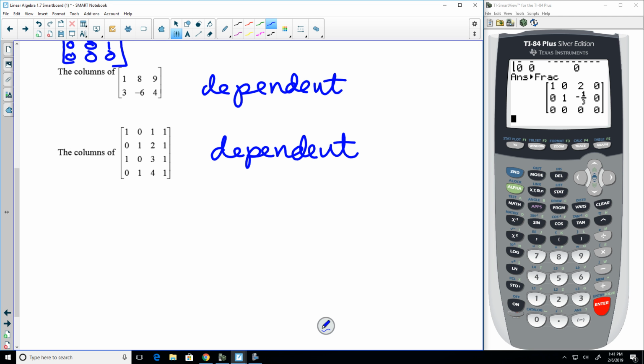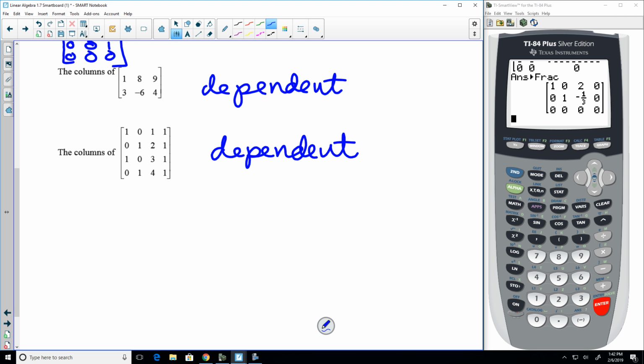So how do I tell? If you can't figure it out, then you put it in your calculator and row reduce it, or you row reduce it by hand, and you see.